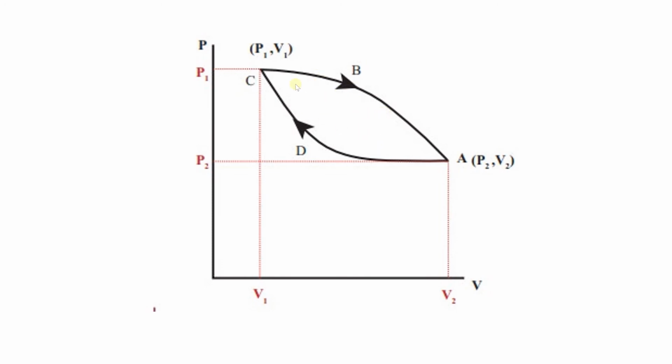Let's take another example. If my pressure changes from this value to this value, meaning the pressure has decreased a lot and the volume has increased a lot, and then the system goes again to its initial value, then the figure will cover more area, and in that case the work will be more as compared to this figure.